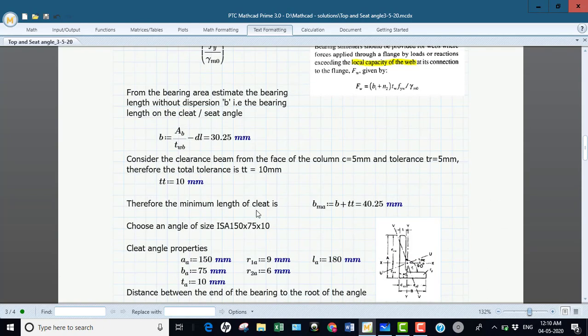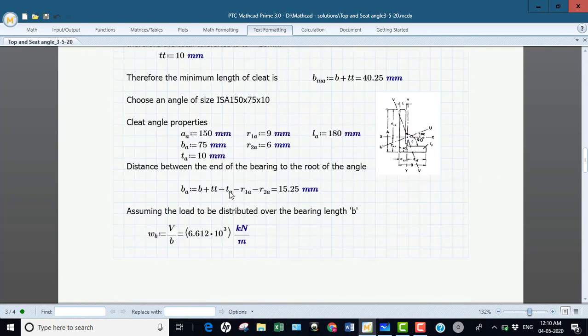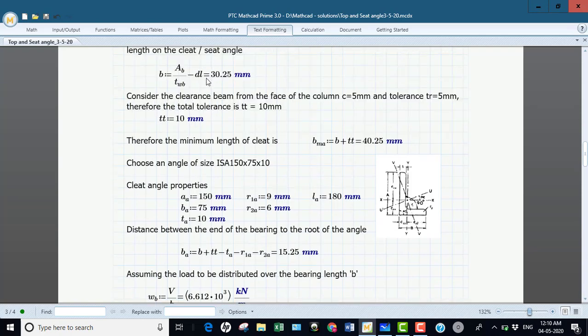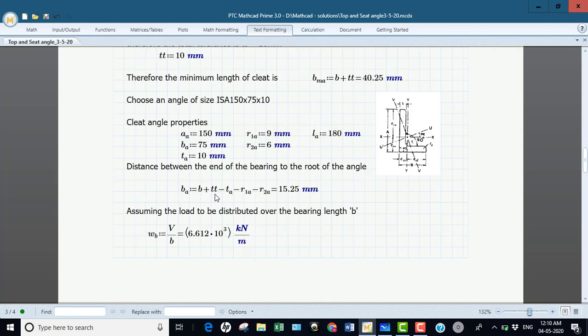So I'm calculating BA by taking this B, which is the minimum required to transfer the shear, adding the tolerance and deducting the seat angle thickness and root of the angle on the heel region as well as the toe region. I'll get the minimum cantilever length required to transfer the shear.